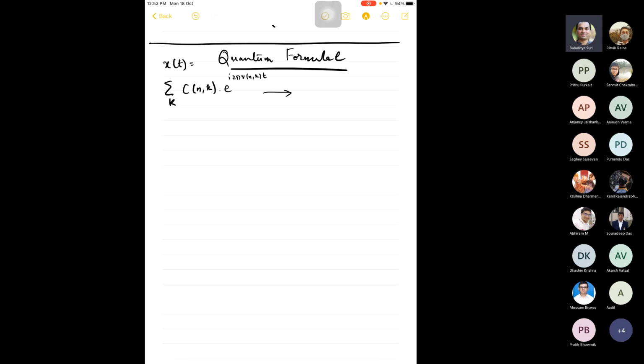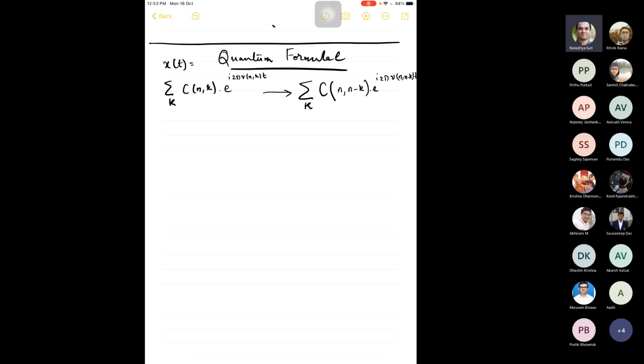So Heisenberg first wrote some quantity, he called it c of n minus k. Okay, and e to the power of I 2 pi nu n minus k t.